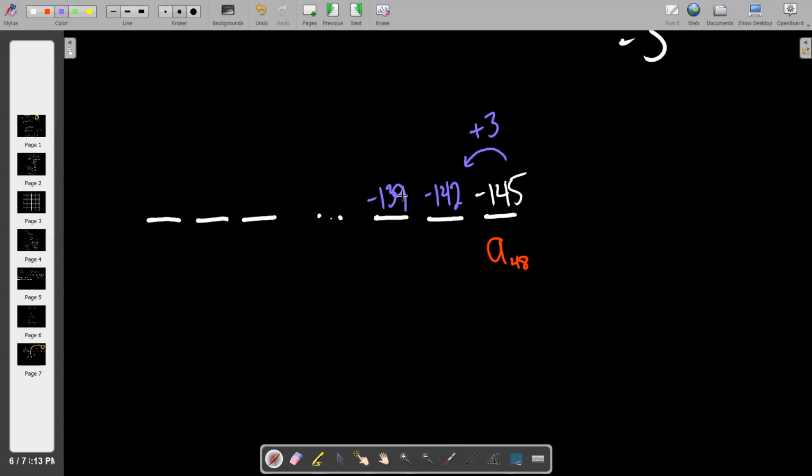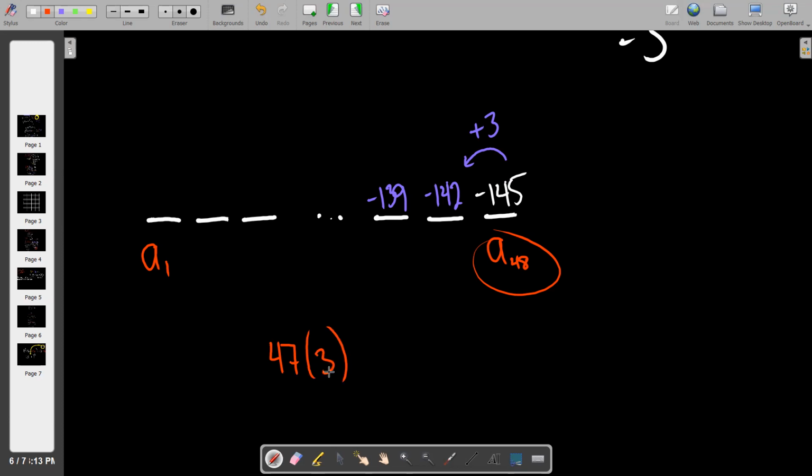We return to the conversation: if Aiden wants to go from the 48th platform back to the first platform, how many jumps does he have to make? He has to make 47 jumps. And how much is each jump worth since he's going backwards? +3, because he's going backwards.